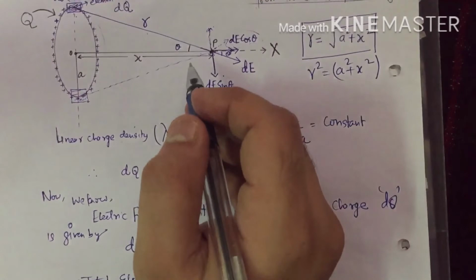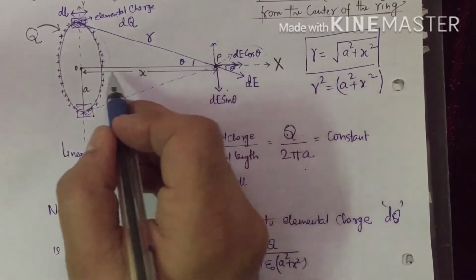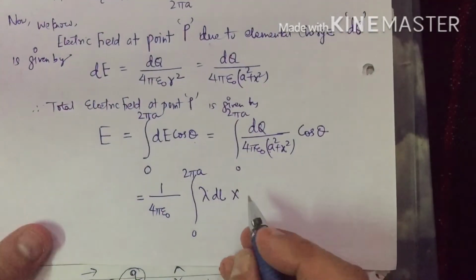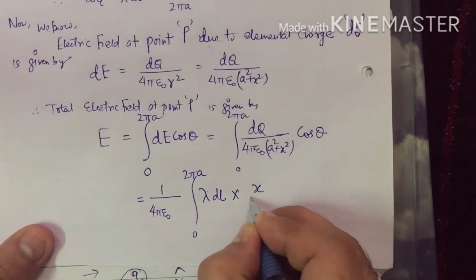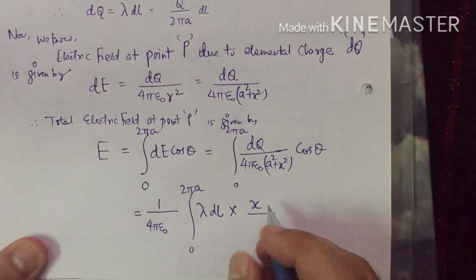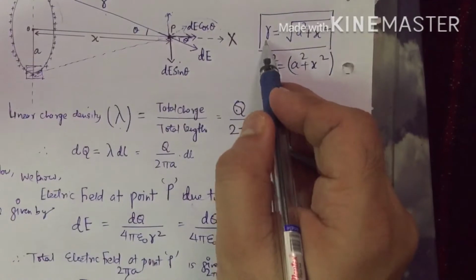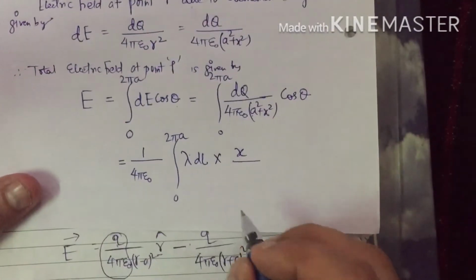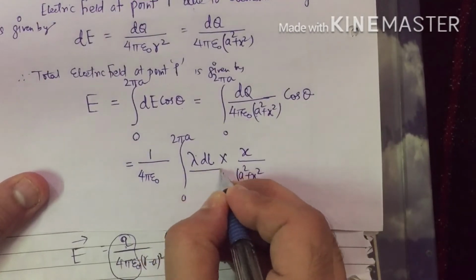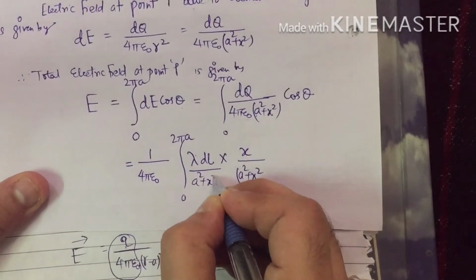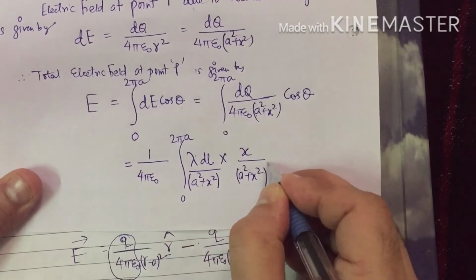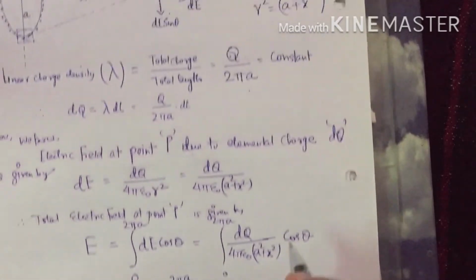And what is cos theta? Cos theta is given by b by h. So cos theta is b, which is x, by h, which is r, and r is basically under root of a square plus x square. We already have a square plus x square over here, and we have this half from this r.